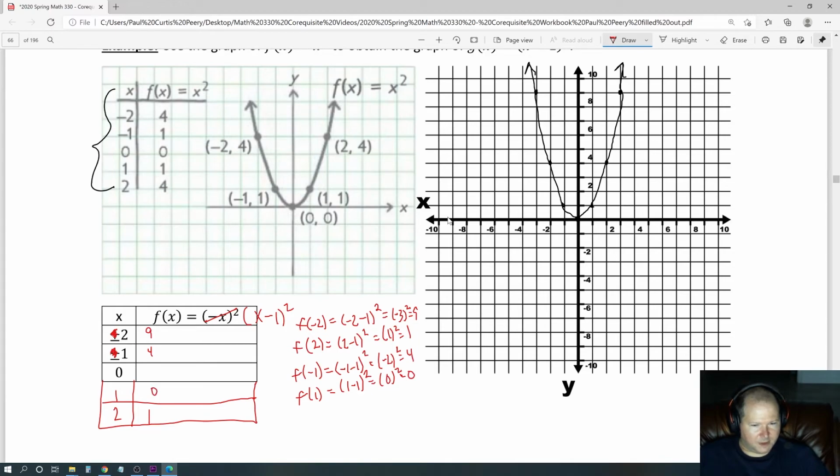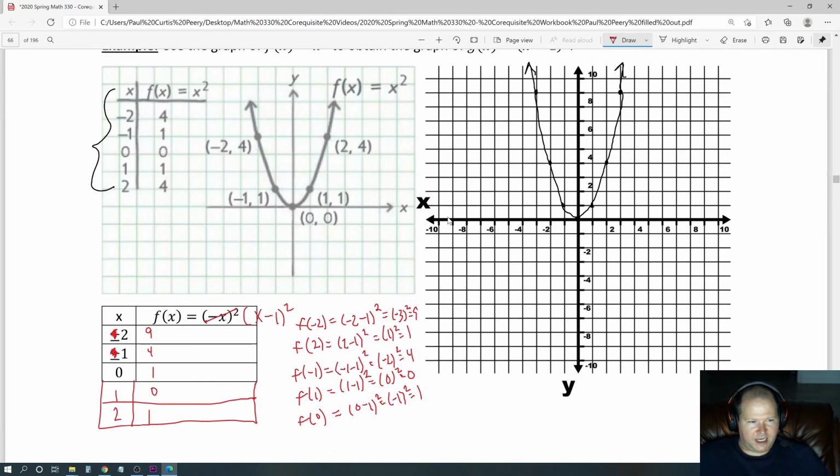So that should give you a 0. And what about 0? You would say (0 minus 1) squared. 0 minus 1 is -1, and -1 squared is a positive 1.